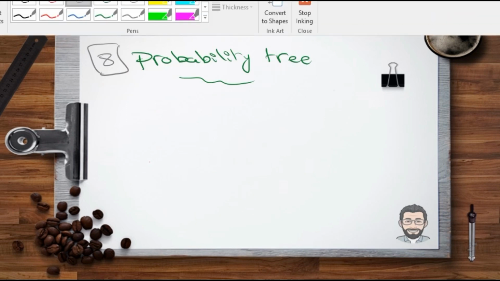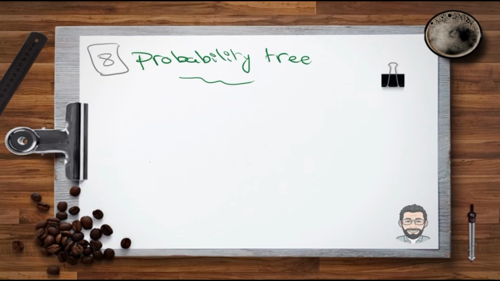Okay, point number 8. When I ask you to draw the probability tree, if I give you a coin, and this coin has two faces, of course, head and tail. So when I ask you to toss the coin twice, how can you draw the tree in that case?